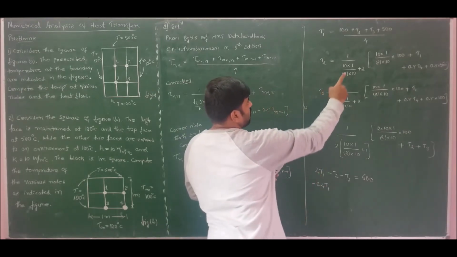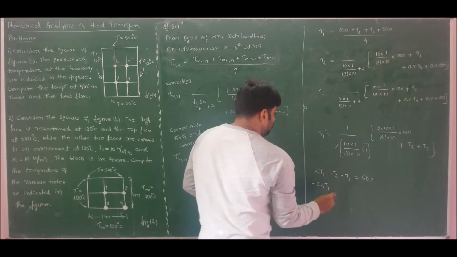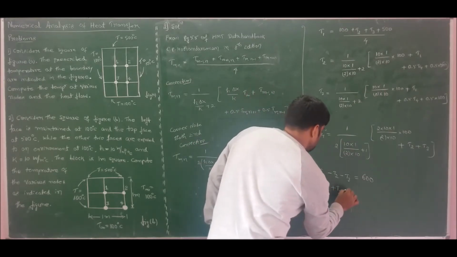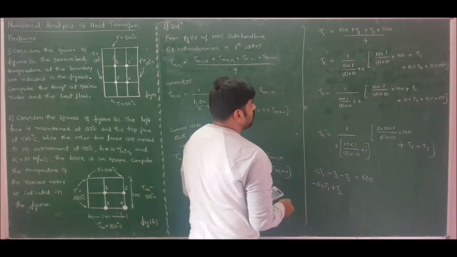0.4 T1. And we have T2 plus T2. We don't have T3. We have T4.